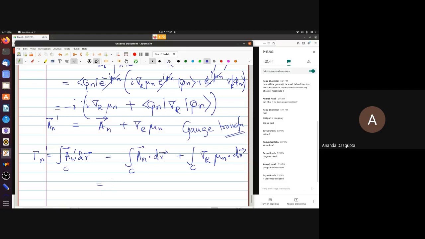That means the new gamma n, once you have redefined all the phases, is actually different from the old gamma n. It's actually mu n at the end point. Well, grad r mu n dot dR, this is d capital R actually, is nothing but the d of mu n.